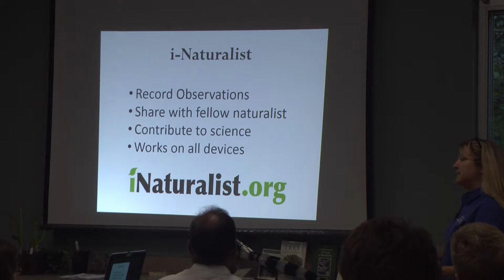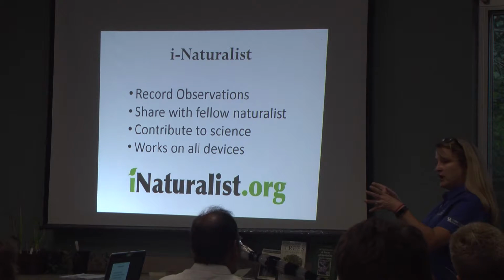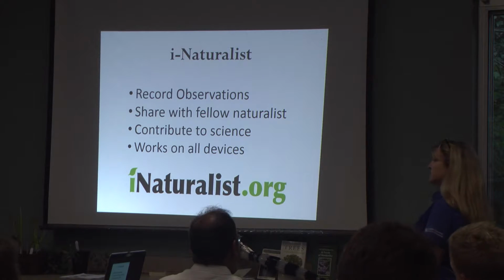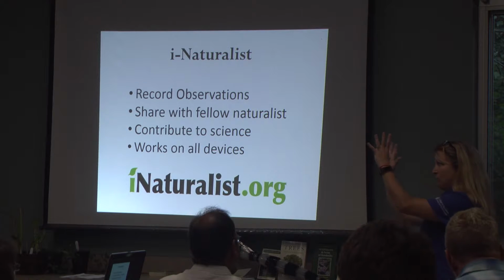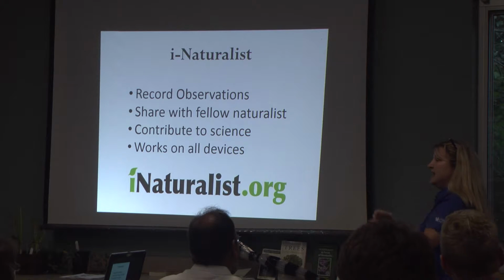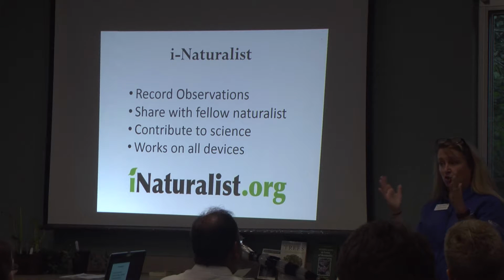It allows you to record your observations, and you can share those with fellow naturalists. So if we go out here tonight, we take a picture of what we're trying to figure out, and then you want to find out about it. It asks you a few questions, and then it'll give you a list of 5, maybe 10 possibilities, and you look at the photograph.